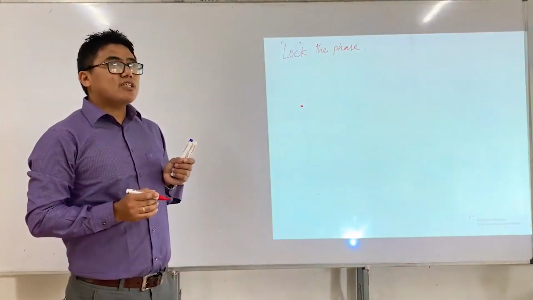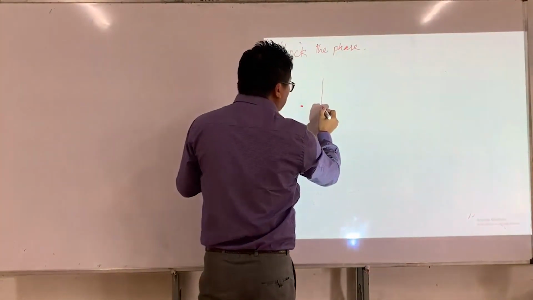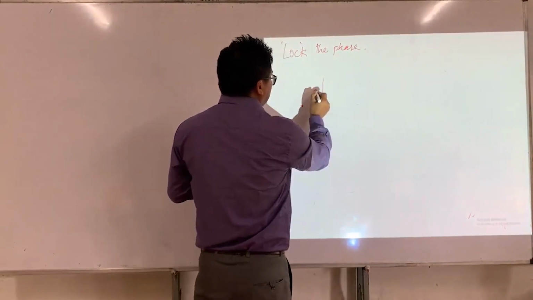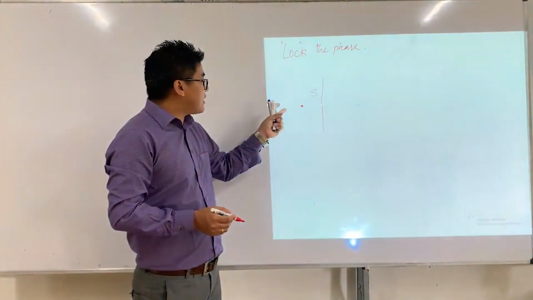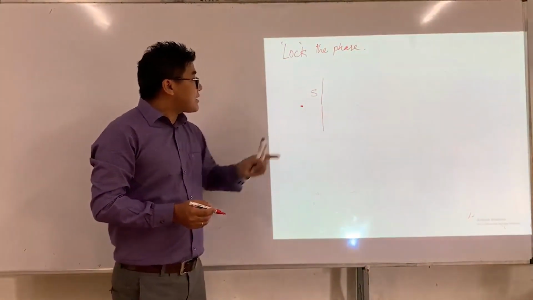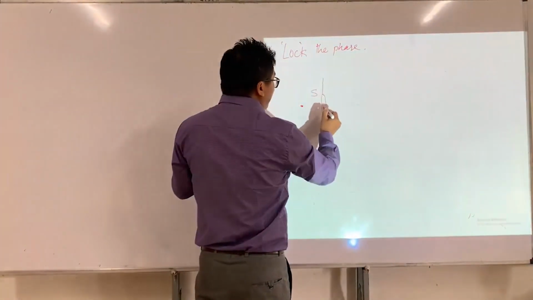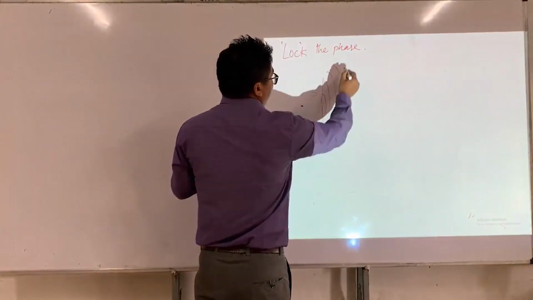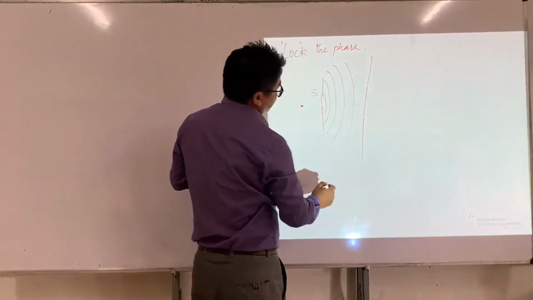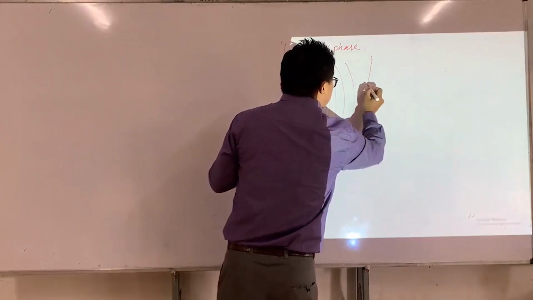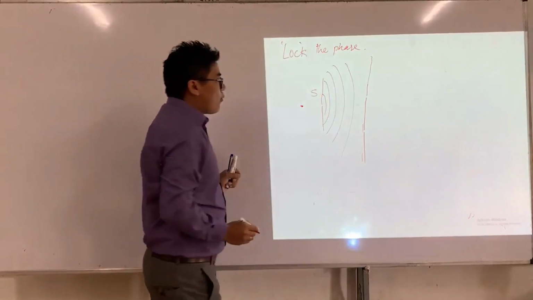He used a single source, and this single source is allowed to pass through a thin slit, and you get light like this. And now I am going to use two slits.